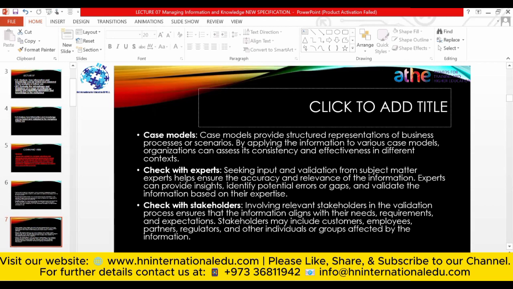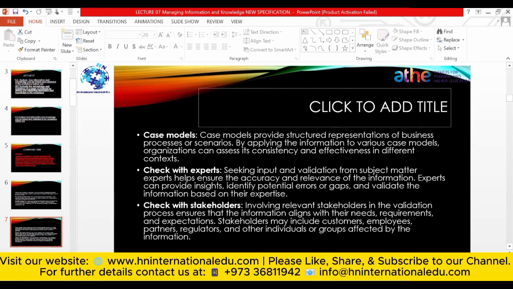Check with experts. Seeking input and validation from subject matter experts helps ensure the accuracy and relevance of the information. In every organization, every field, every department, there is an expert sitting. He is the head of the department. He has the answers to every query related to his expertise.